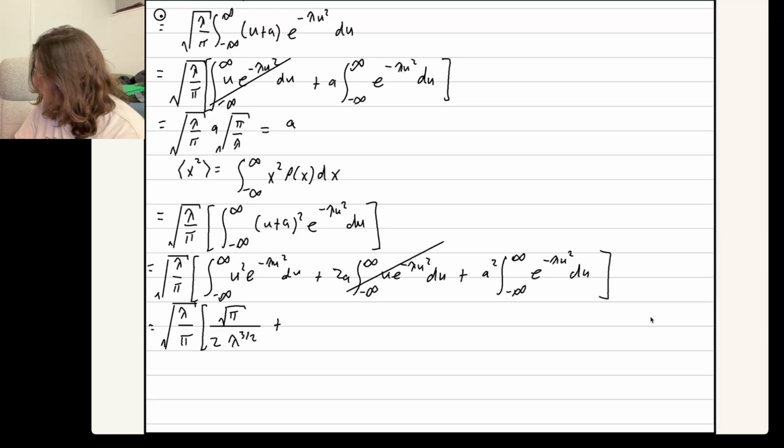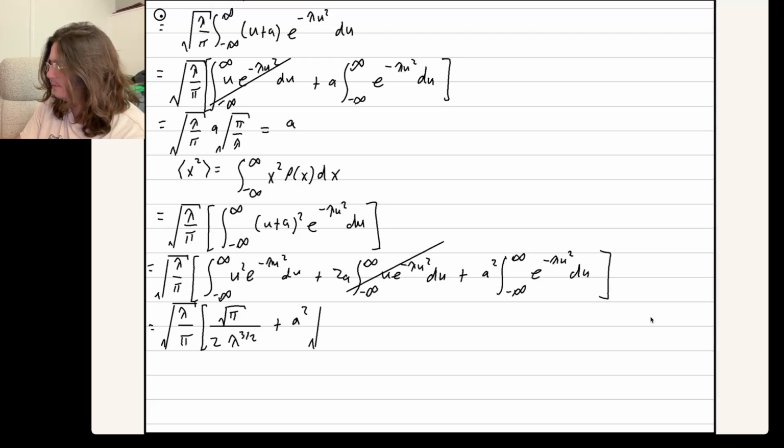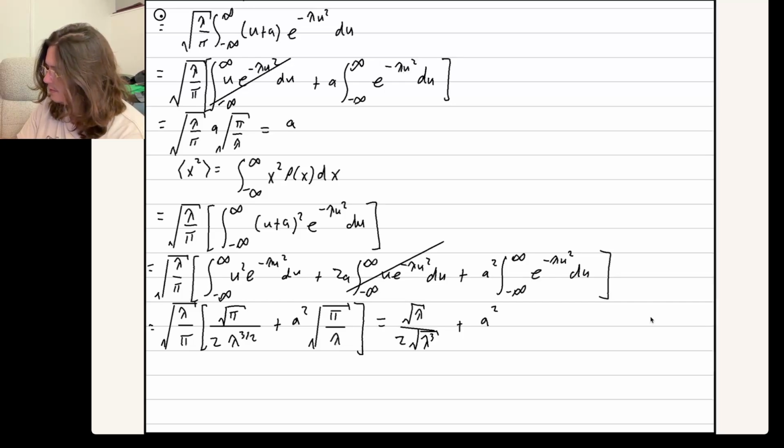That's the solution to that table integral, and then we had just a squared root pi over lambda over here. Okay. Distributing through the normalization factor, you get root lambda over 2 times root lambda cubed plus a squared. So you get 1 over 2 lambda plus a squared. Cool.